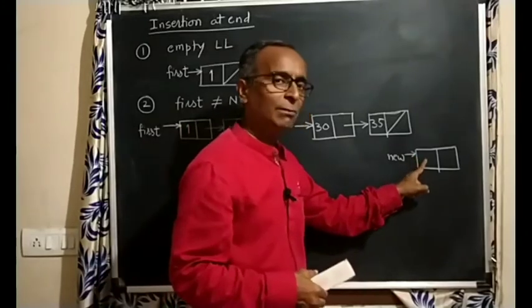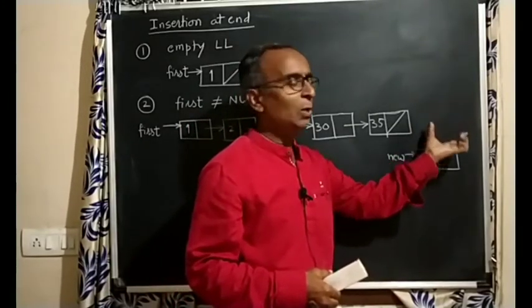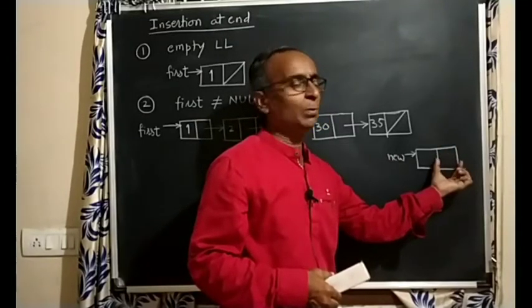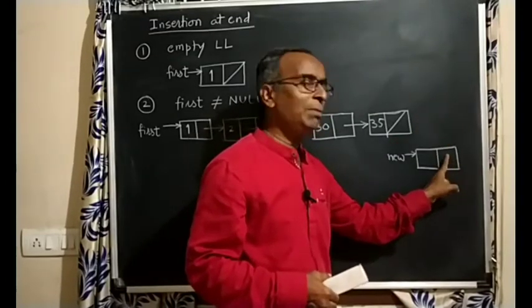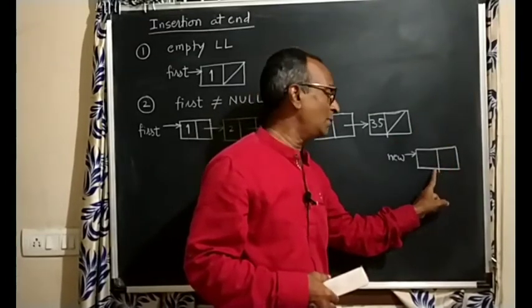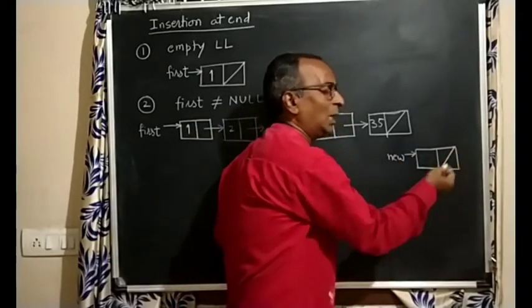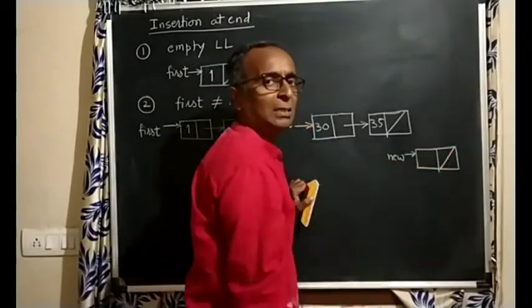This node we are inserting as a last node at the end. So always what should be the link field of this new node? Because after insertion this will be the last node, whenever you create new node, make link field as null, because anyway you are attaching it as last.